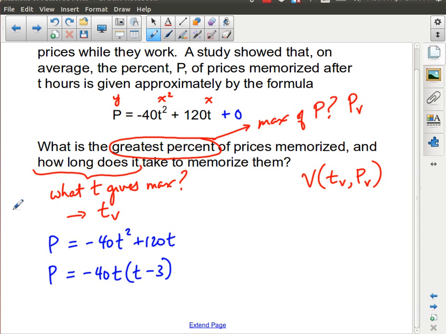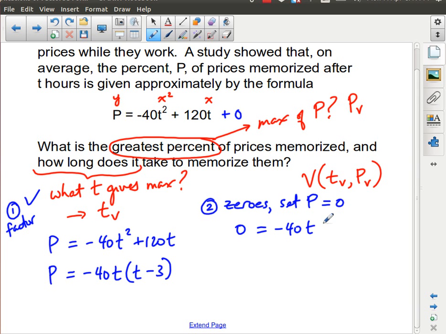So that was my first step, which was to factor. And that's complete. My second step is to find my zeros. And to do that, I will set P equal to 0. So I get 0 equals negative 40 t times t minus 3.